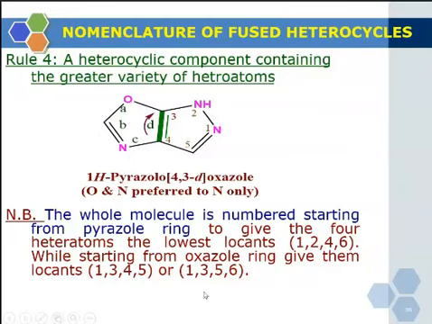Either this or this. However, this is the minimum, or the summation of this is lesser. Hence, this one is considered as the correct method of numbering of this entire fused ring.